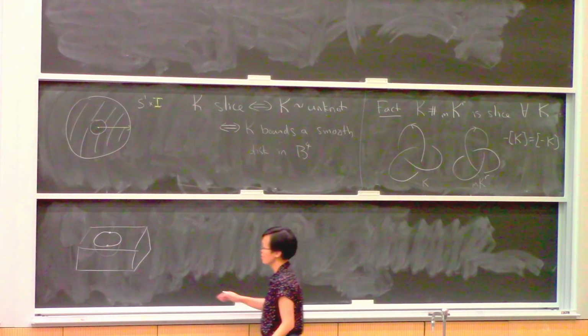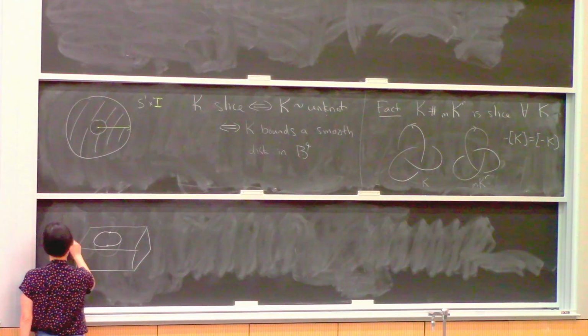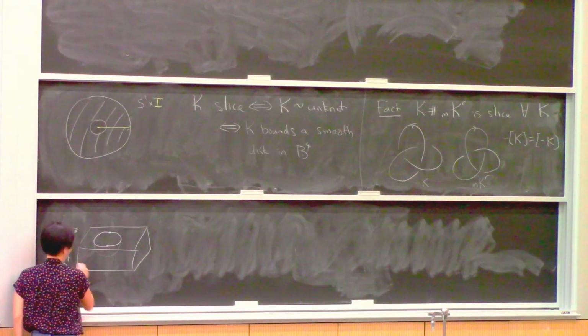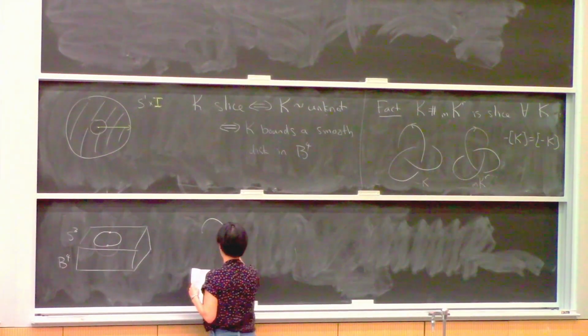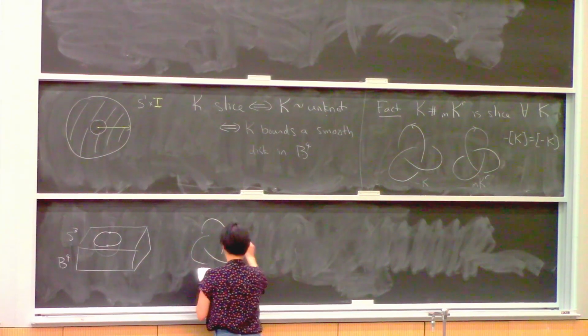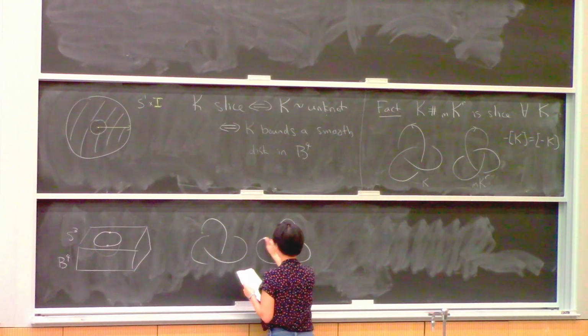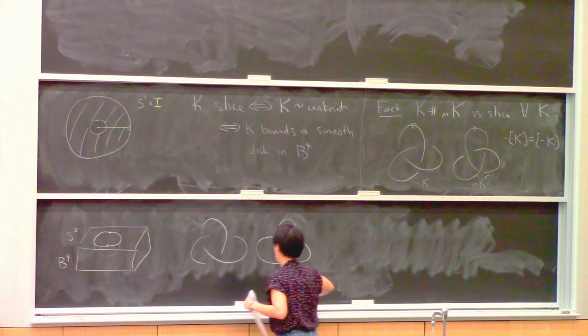Now, what's going to happen? You should think about the top of this as being S3 and the rest of this as being the four ball. Here's a knot, and here's the reverse of its mirror image. Here's the connected sum.